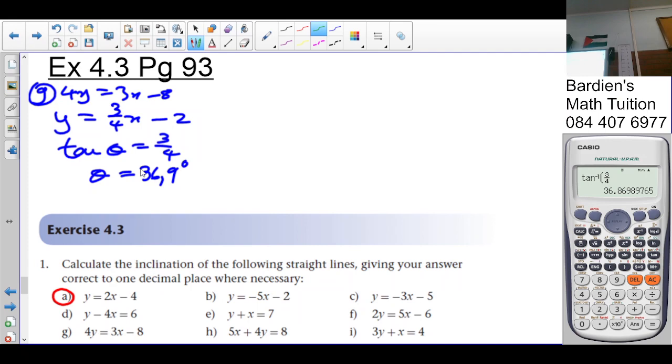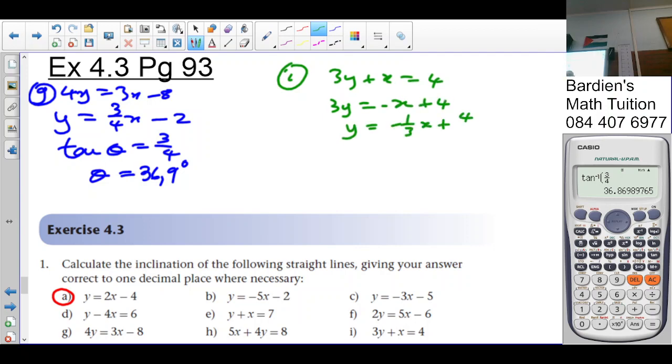Look at I. We've got 3y plus x equals 4. Get it in standard form, so 3y is equal to minus x plus 4. Divided by 3, so it's negative a third x plus 4 over 3. So what's the gradient of this line? Negative a third. Tan of theta is equal to negative a third.